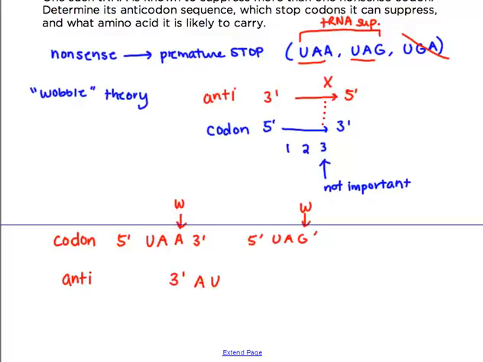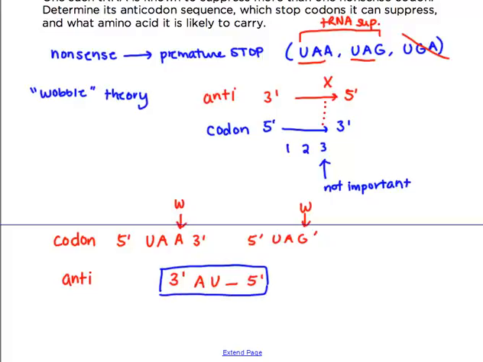So we're going to write a dash here and 5', because the third nucleotide in the codon, or the 5' nucleotide in the anticodon, is the one that can be different and still base pair and bring in an amino acid. So this is the anticodon of the suppressor, 3' AU dash.